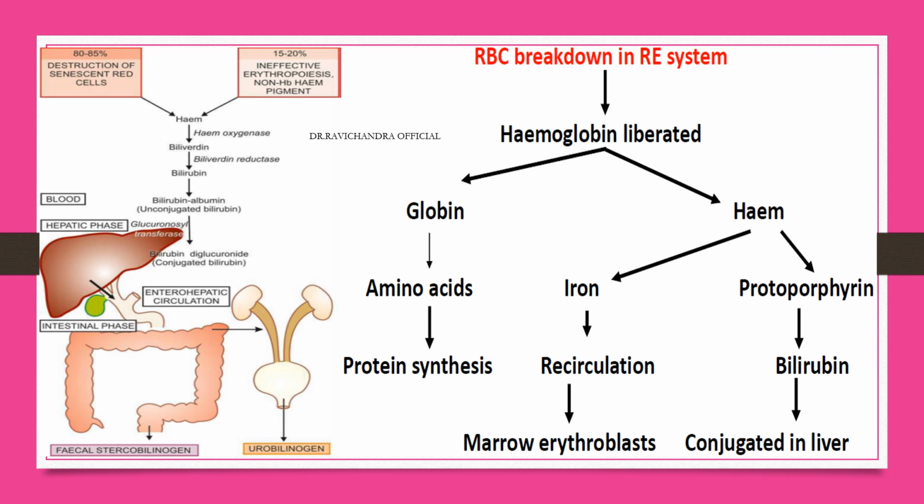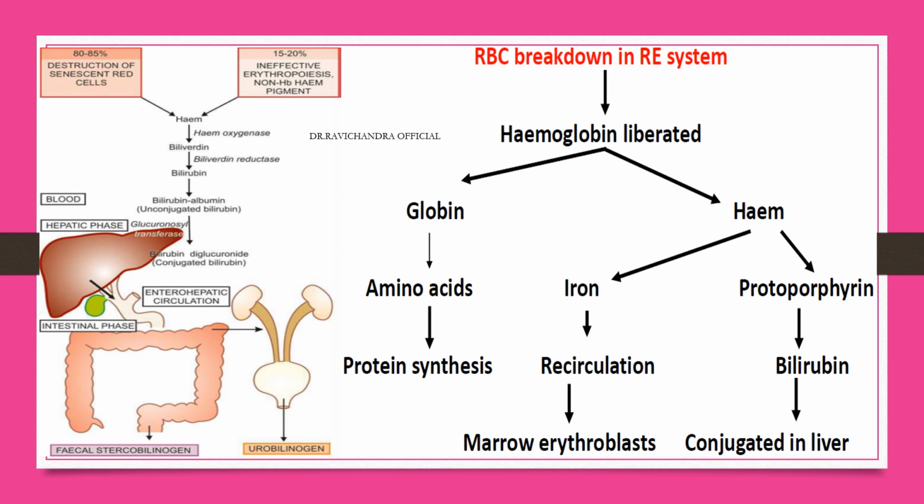This protoporphyrin is converted into biliverdin, and biliverdin is further converted into bilirubin, and bilirubin enters the liver, and there will be conjugation.